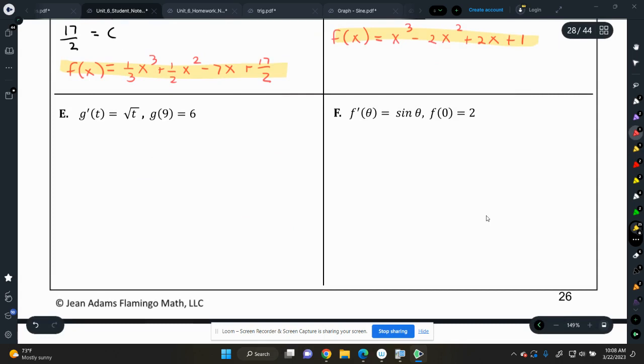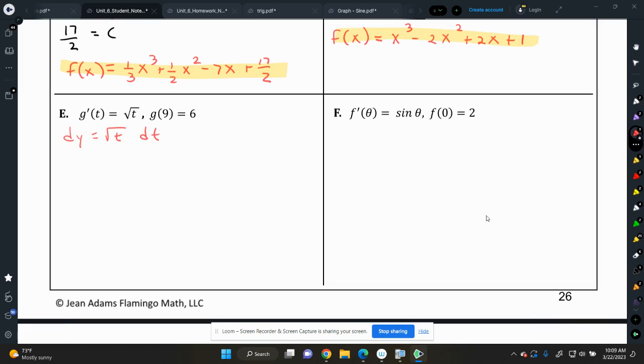Next one. So we've got dy equals the square root of t dt.